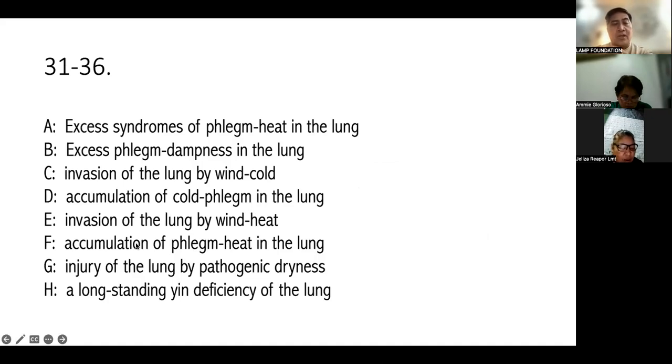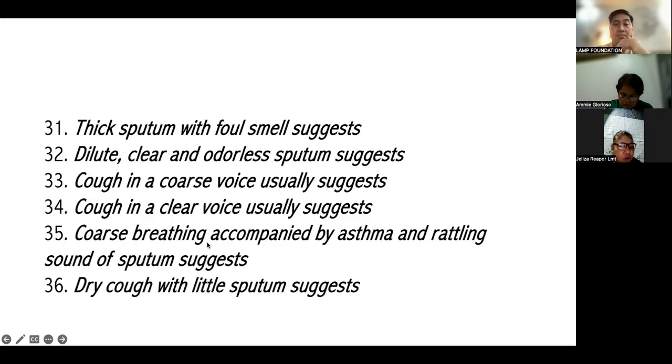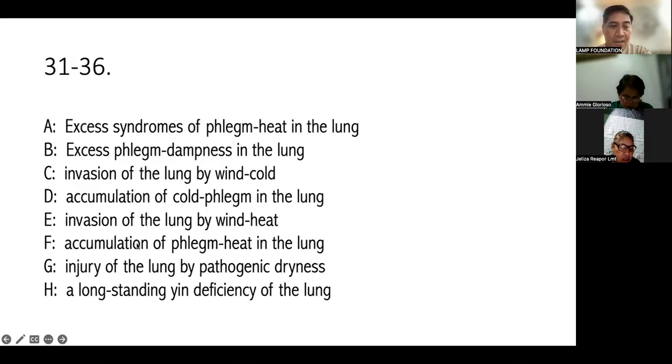So pag na-expose ka sa wind cold, pag may invasion, nagbabago ba yung boses? Yes, Doc. Nagbabago po yung boses. Basta may cold. Okay, so dalawa yung sagot natin dito, no? C and D. Invasion of the lung by wind cold and accumulation of cold phlegm in the lung.